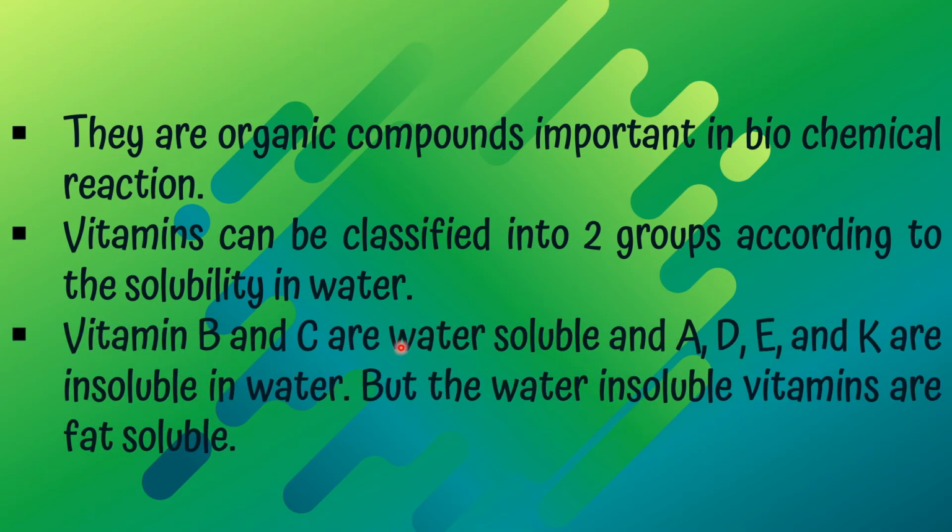Vitamin B and C are water soluble and A, D, E and K are insoluble in water. The water insoluble vitamins are fat soluble. You must remember this. That means vitamin A, vitamin D, vitamin E and vitamin K are fat soluble but not water soluble.